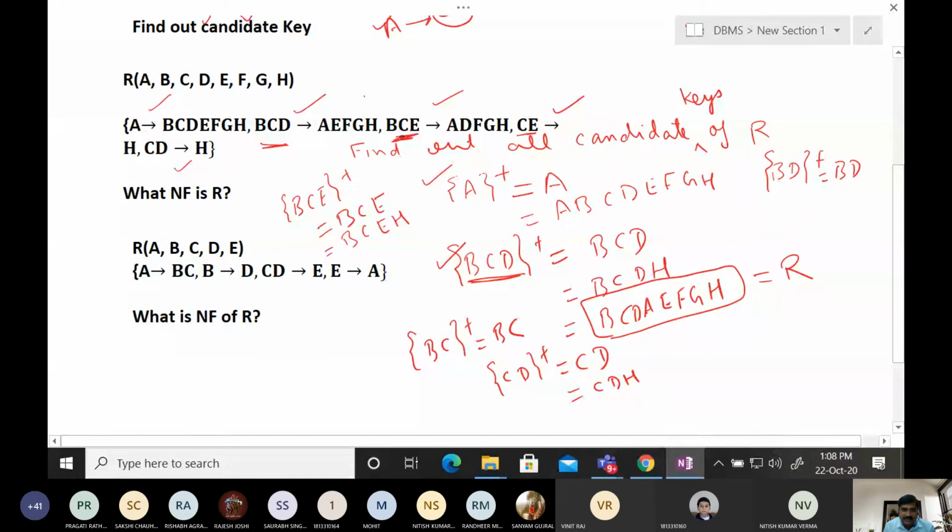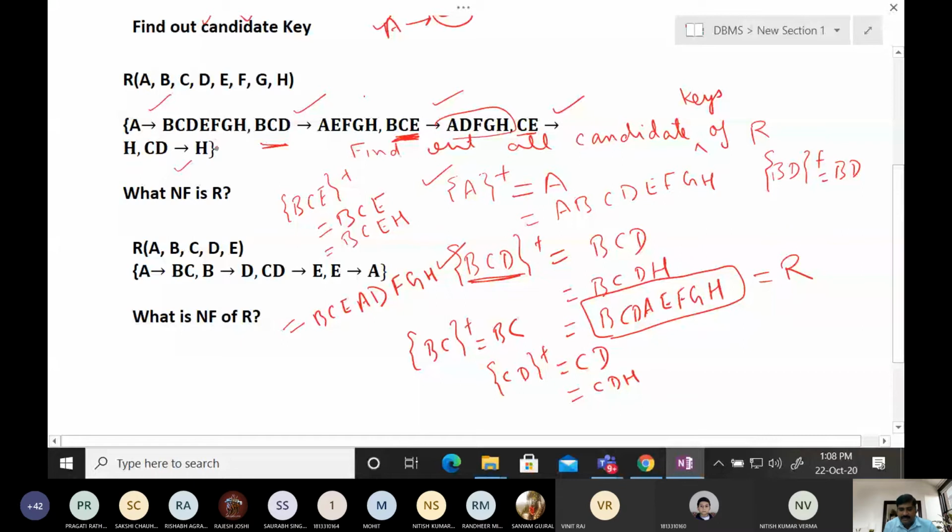So if we associate this, then we will get BCE and A, D, F, G, and H already exists. A, B, C, D, E, F, G, H. All the attributes. If we associate these attributes again, there is no change in this closure set of attribute set BCE, then we will stop the algorithm.